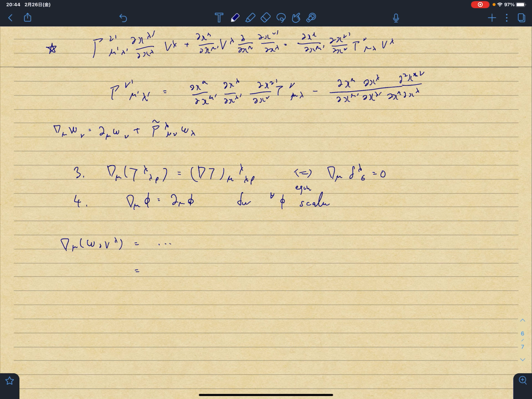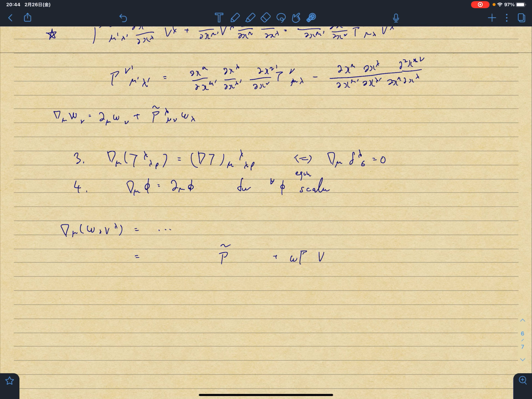So you express gamma, and gamma v omega, and this is a scalar. So we use this assumption.